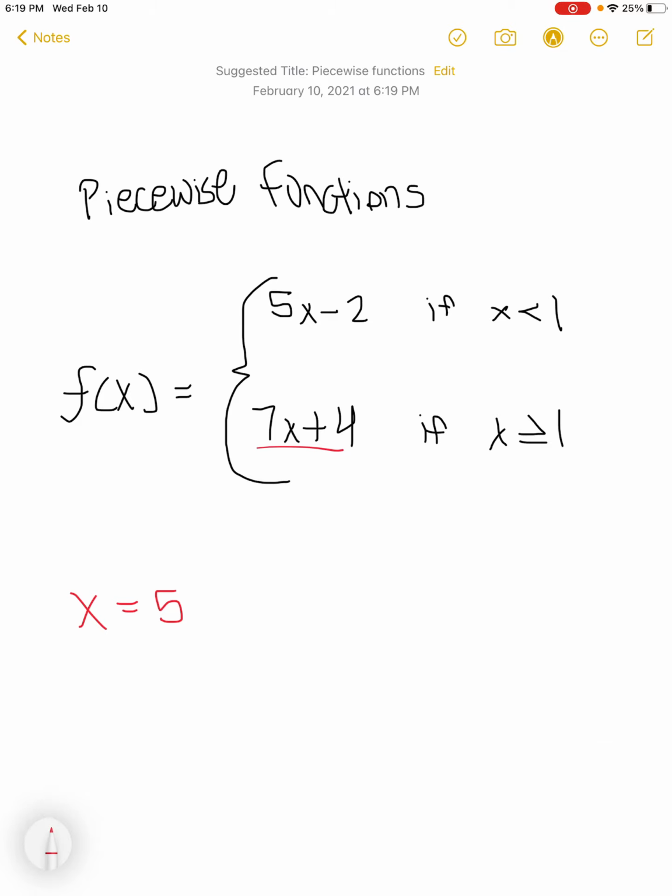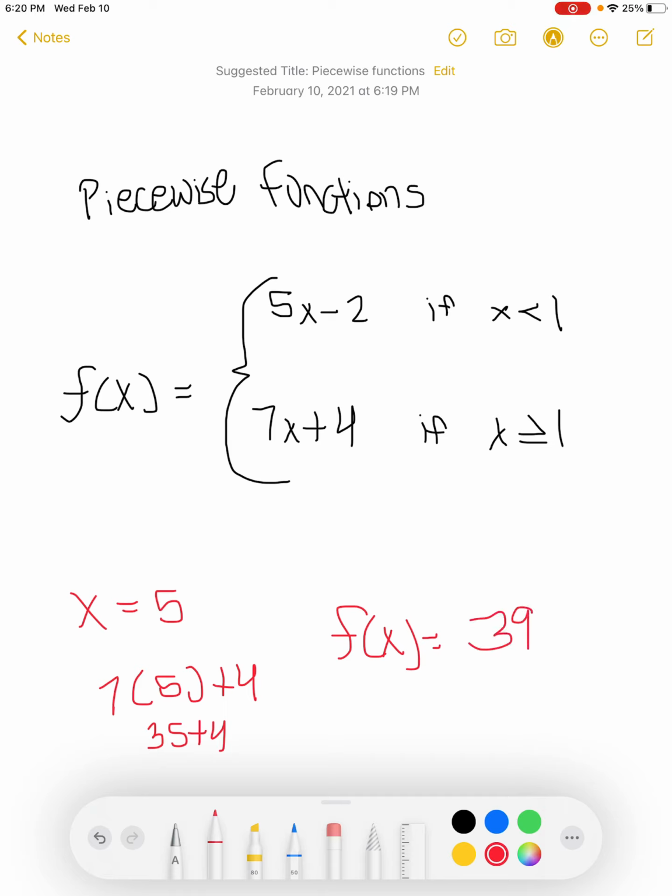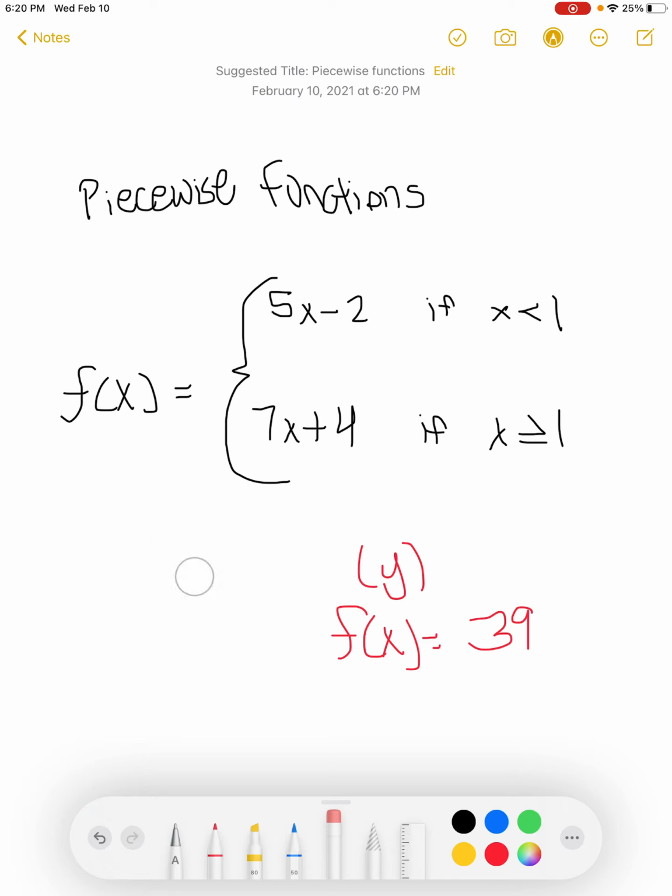It's not equal to, but it is greater than, so we use that one. So we plug in 5 and then add 4, so that's 35 plus 4. Therefore, f(x) is 39, and that's also what y is. So that's pretty simple. That's all you have to do.